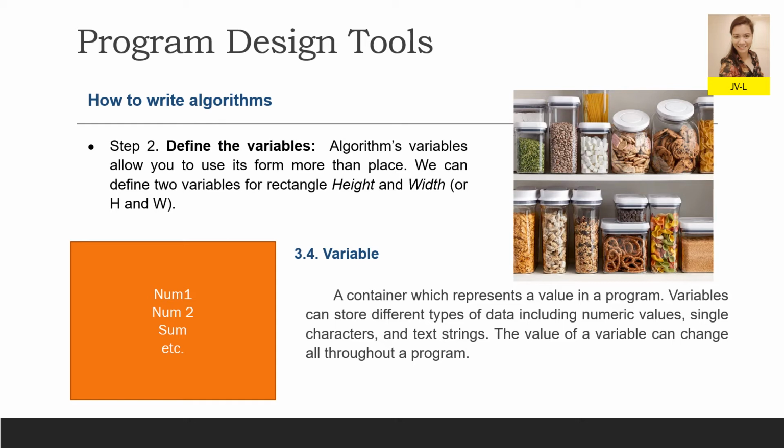For the second number, you could have a variable name num2. Say for instance you are going to get the sum of two numbers. To be able to catch the value of the result of the operation, you may use sum as a variable name.